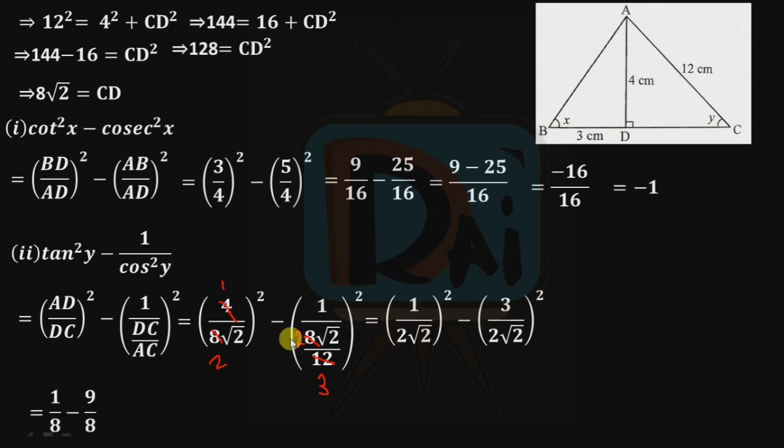Square of 1 is 1, square of 2 root 2 is 8, square of 2 is 4, and square of root 2 is 2. So 4 twos are 8, minus square of 3 is 9, and as we know the square of 2 root 2 is 8. Take an LCM. LCM is 8, so I'll get 1 minus 9. 1 minus 9 is equal to minus 8 divided by 8. 8 and 8 get cancelled, which is equal to minus 1.